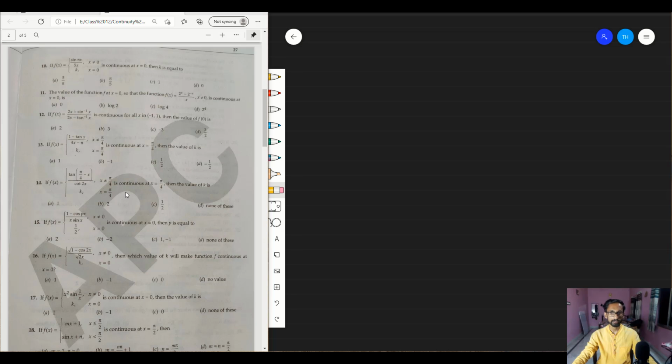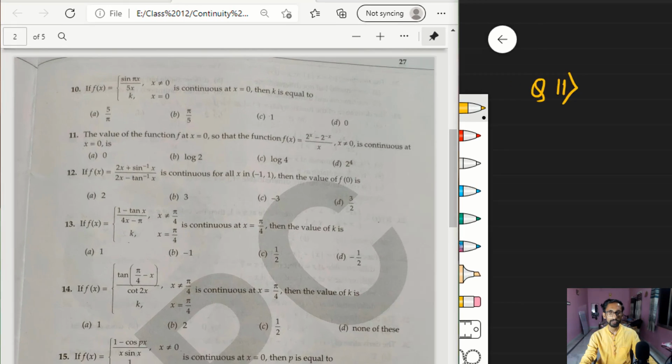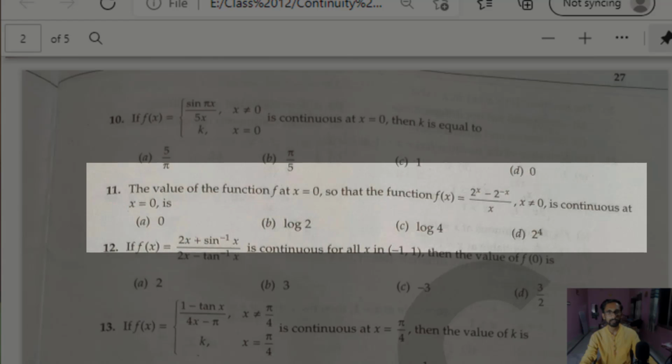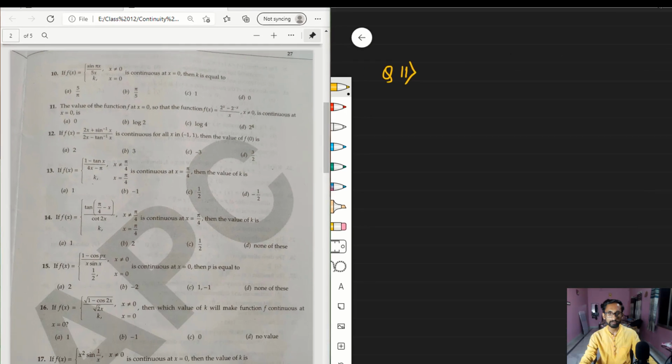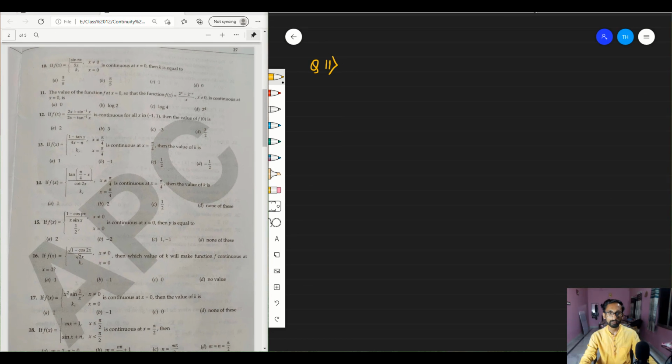For example, let us consider question number 11. In question number 11, the definition of the function is not provided directly. It is provided in terms of language. It says the value of the function f at 0 is unknown, and the value of the function for x not equal to 0 is given as (2 to the power x minus 2 to the power minus x) whole divided by x, where x is not equal to 0.